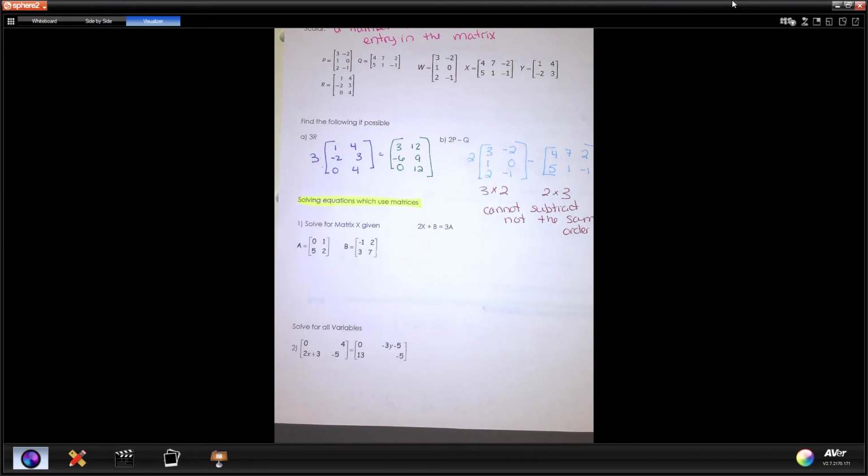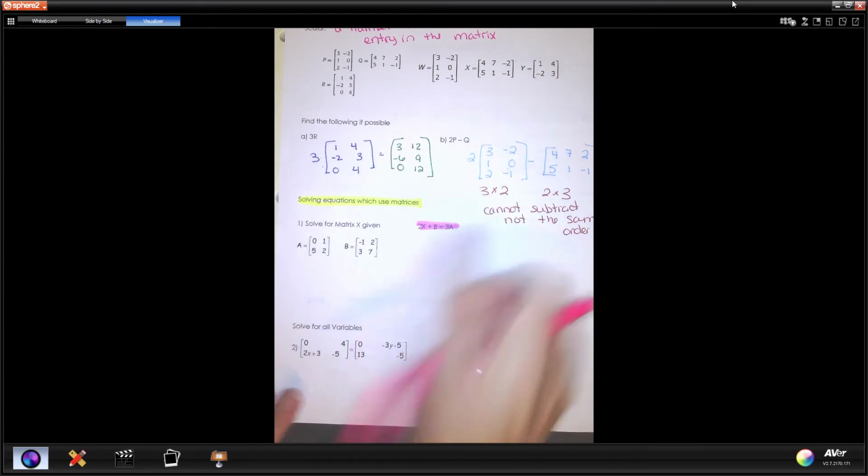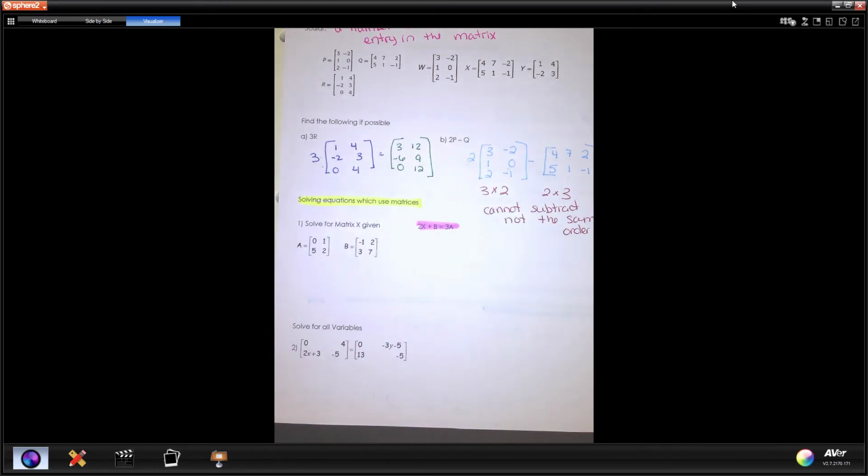So looking at this, and this is one of those problems that tends to confuse people when we run into it on a test. It says 2X plus B equals 3A. And it says solve for matrix X given that A is equal to this matrix and B is equal to the next matrix.